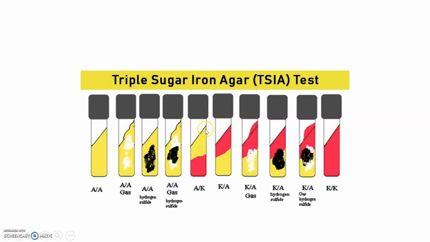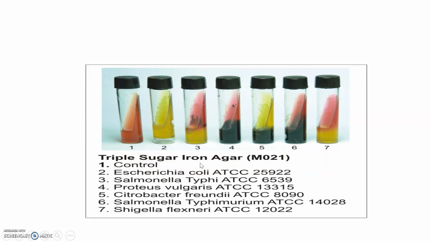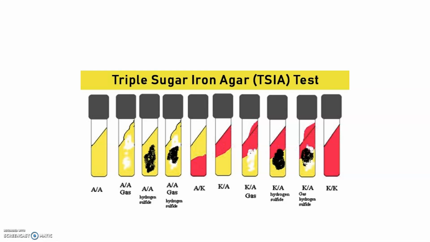Here look, K means alkaline. This is another reaction in which the organisms can be oxidative, decarboxylation. This is K by A, which means alkaline slant, acid butt.